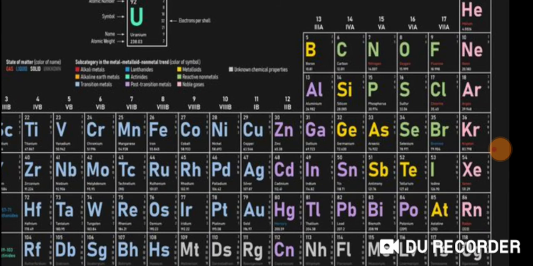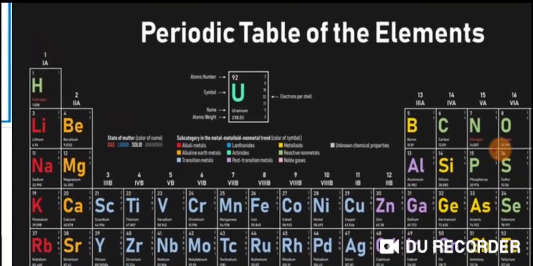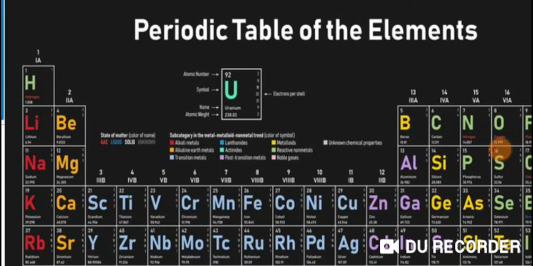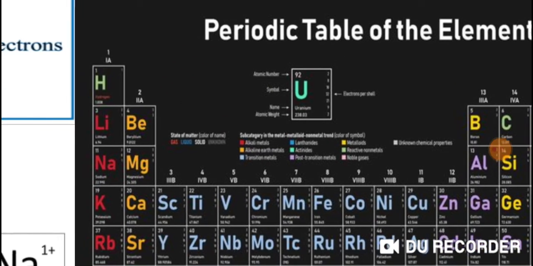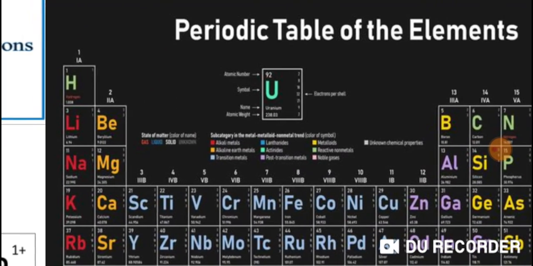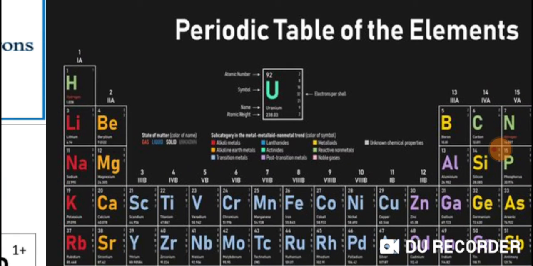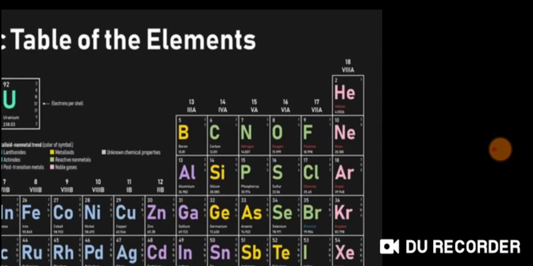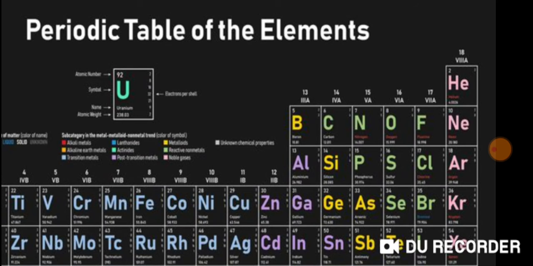Take care. So their valency is mentioned on the top of the periodic table. Here you can see 1 on top. The second column you can see 2. The third column you can see on top 3. The fourth 4A on top of carbon, 5A on top of nitrogen, 6A on top of oxygen, and 7A on top of fluorine.